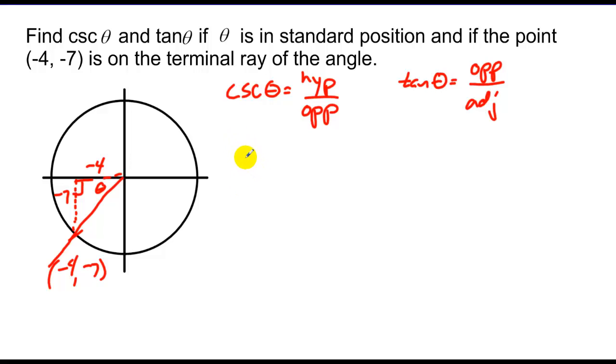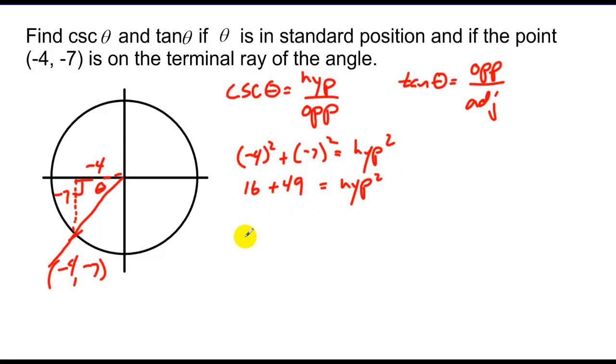So I know that negative 4 squared plus negative 7 squared is equal to the hypotenuse squared. I've got 16 and 49. This gets me 65 for my hypotenuse squared. Therefore, root 65 equals my hypotenuse.